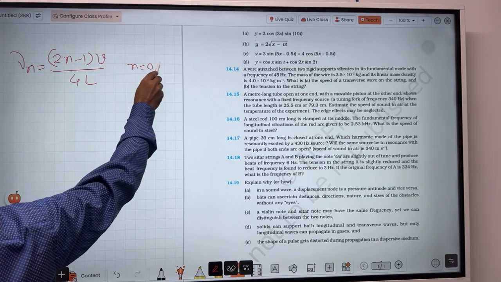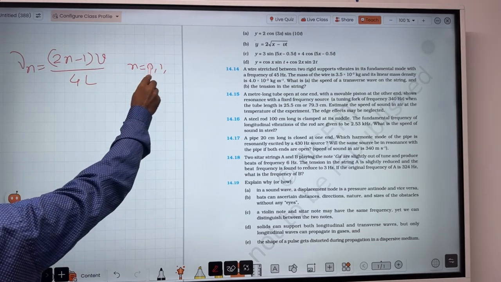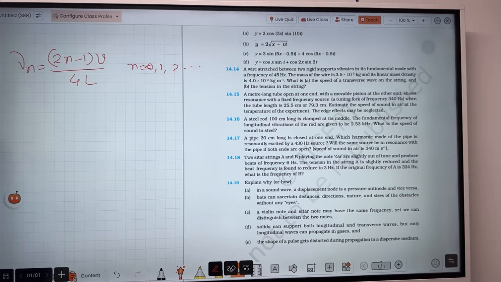Where n can have any value 0, 1, 2. It can't be 0, sorry, it will become negative. So it will be 1, 2, etc. Right? Now, here L1 and L2 are given.